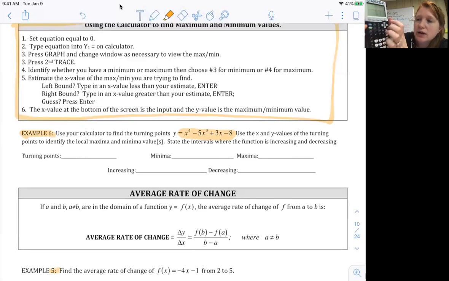I don't have the bottom of it, okay? So I'm going to press window right here. If I don't have the bottom, that's my Y values. Notice my Y min right now is -10, and that's not enough. I need a lower Y min. So I'm going to go ahead and try, I don't know, -25. Maybe that works, maybe it doesn't. So I typed in -25 under the Y min, and then I'm going to click graph.